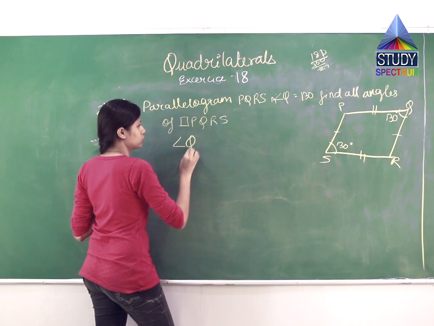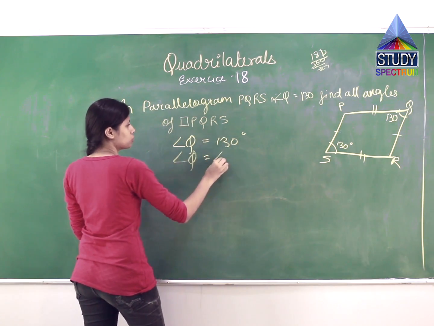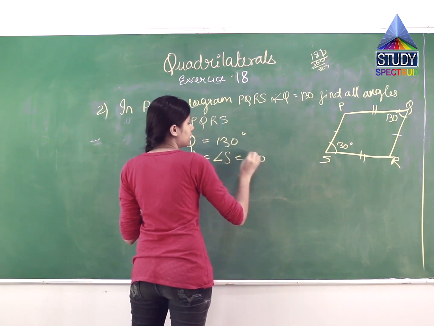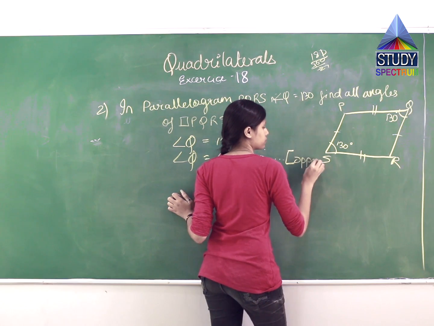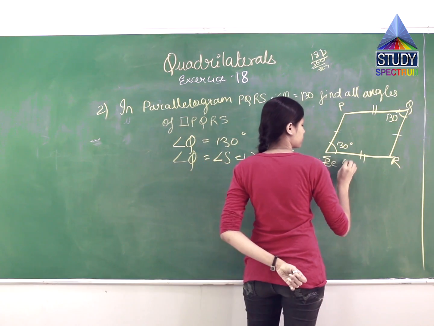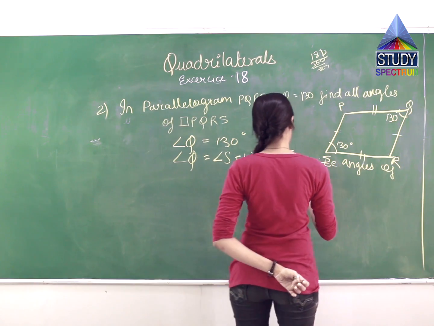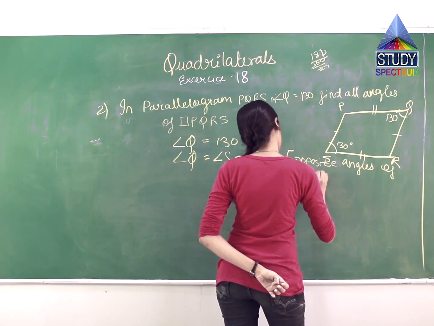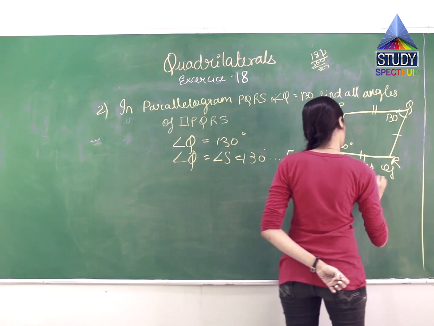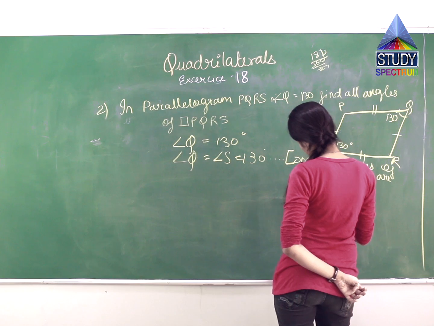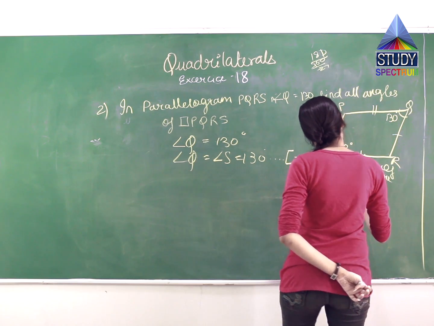So angle Q is equal to angle S is equal to 130 degrees.